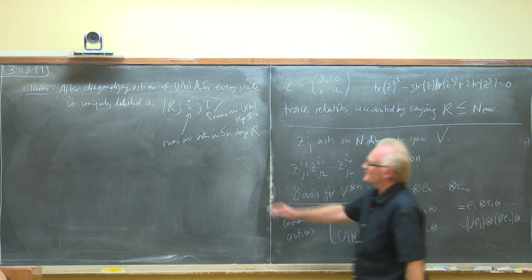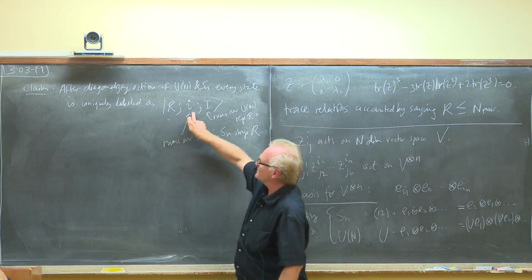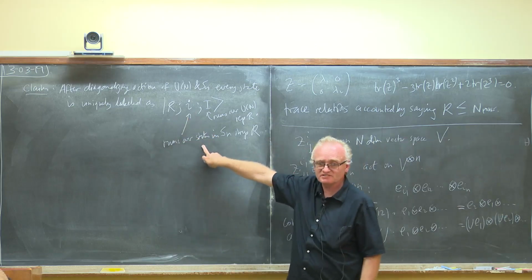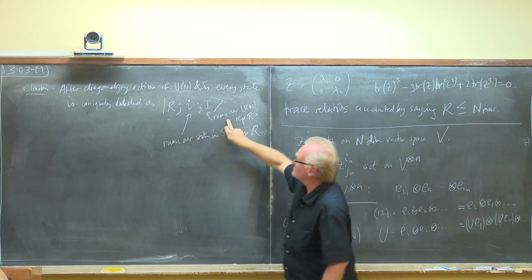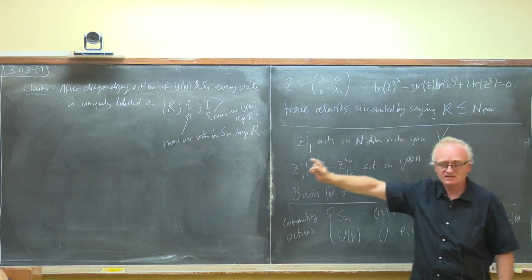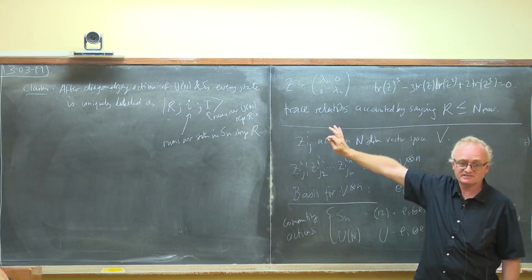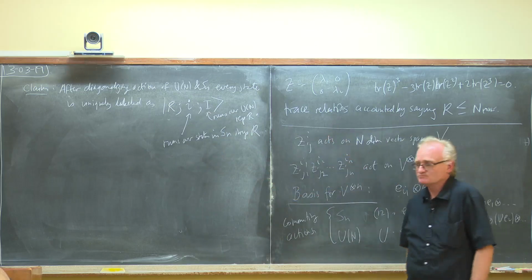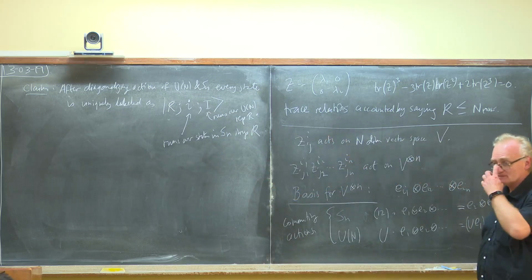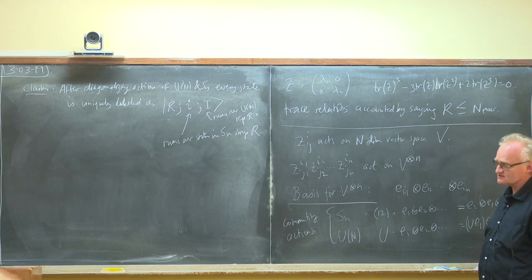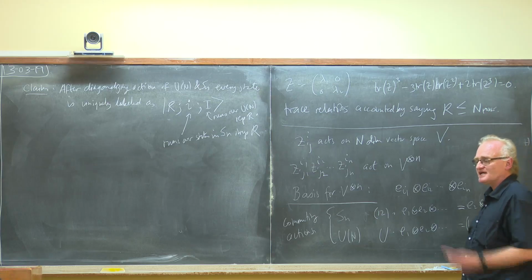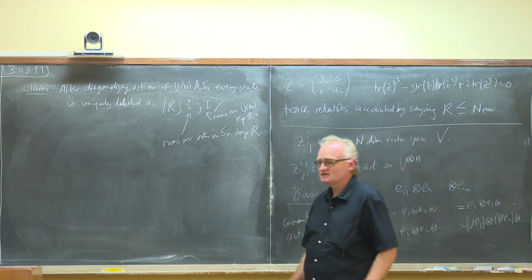And it turns out that after you've picked R, if you pick some state from the symmetric group representation and some state from the unitary group representation, you have labeled all of the states inside the space. But the boxes was the number of Z's, which was not N. That's right. So the Young tableau is a Young tableau with n boxes, yep, but that's what also labels.